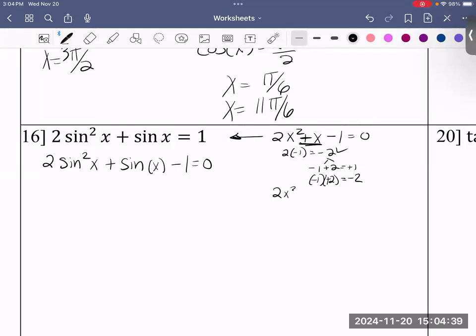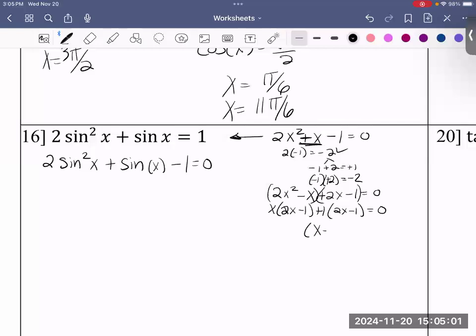So we get to break up your middle term as negative x plus 2x minus 1 is equal to 0. Factor out a GCF or group. So you get 2x minus 1. And if that's the same thing that we want in your parentheses, we can just factor out a positive 1. That way it doesn't mess anything up.